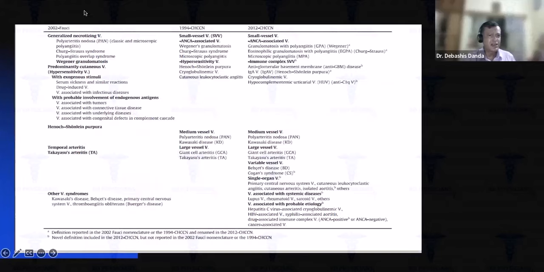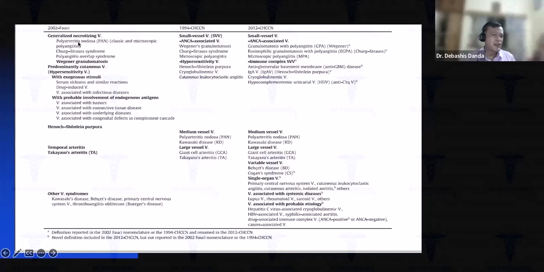So you can see that there was the 1994 Chapel Hill classification, which is changed here, which now includes, as we have seen, variable vessel vasculitis, single organ vasculitis, vasculitis with systemic disease, vasculitis with probable etiology, which I have mentioned. These are the changes of the 2012 classification compared to 1994.